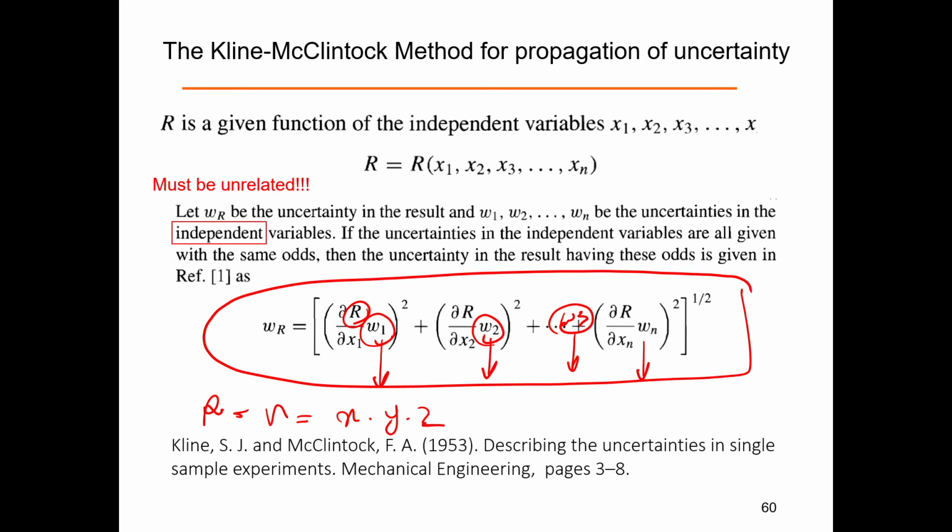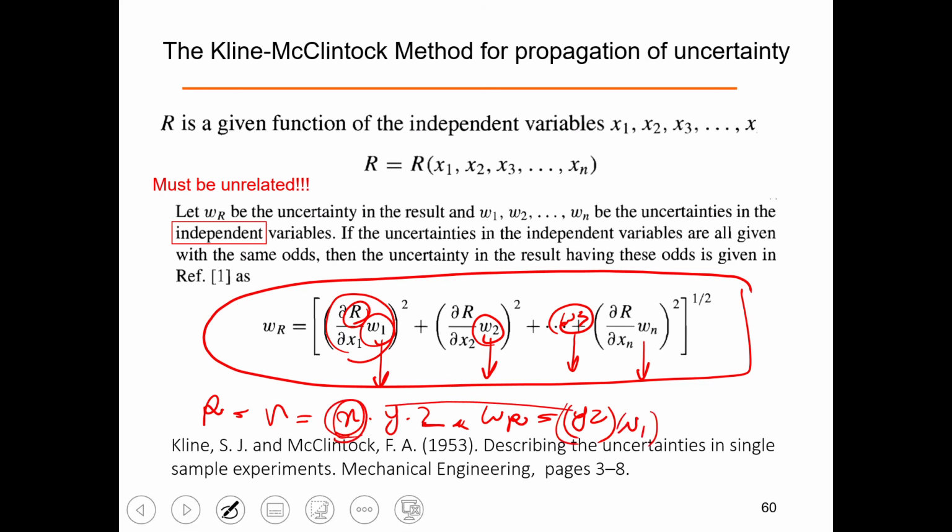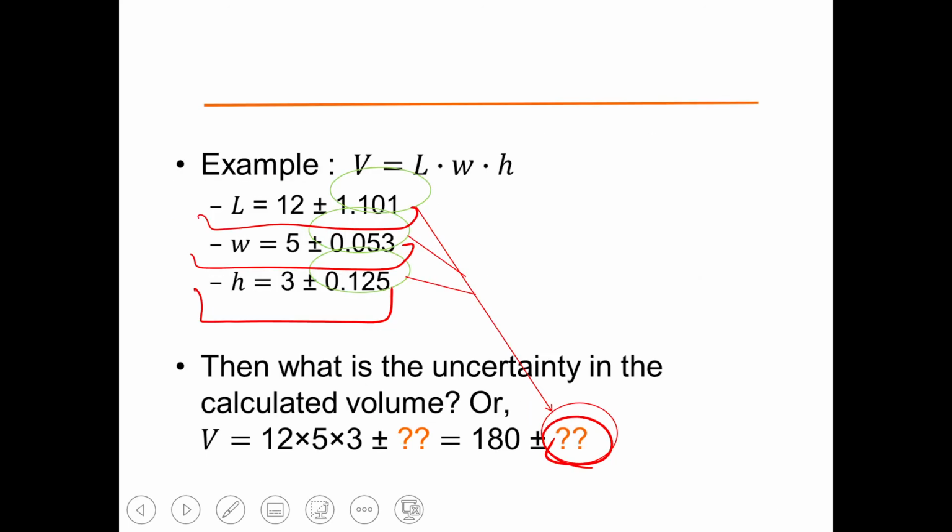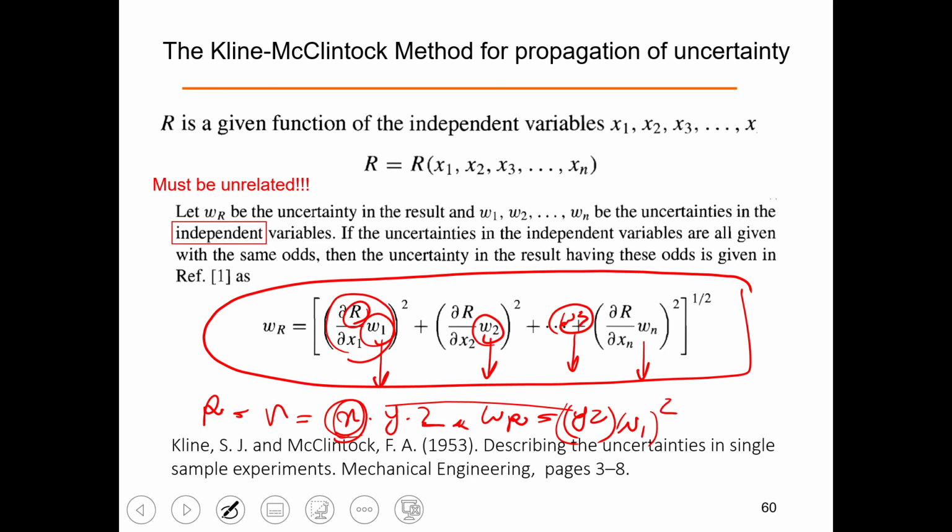Okay. So for the first one, you essentially have to take the derivative with respect to x1, which is x here. So your propagated uncertainty is going to be equal to yz multiplied by w1, the uncertainty in the x level, let's call this length, this uncertainty squared.